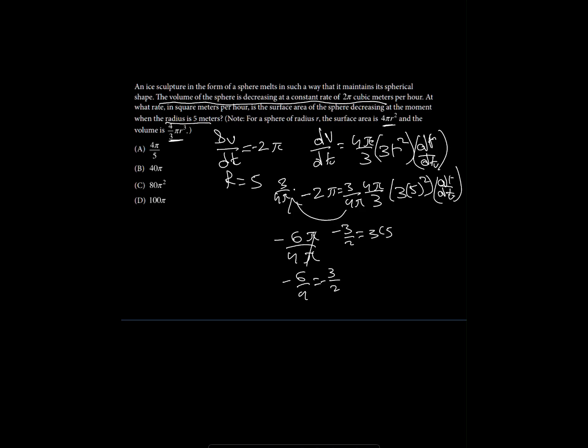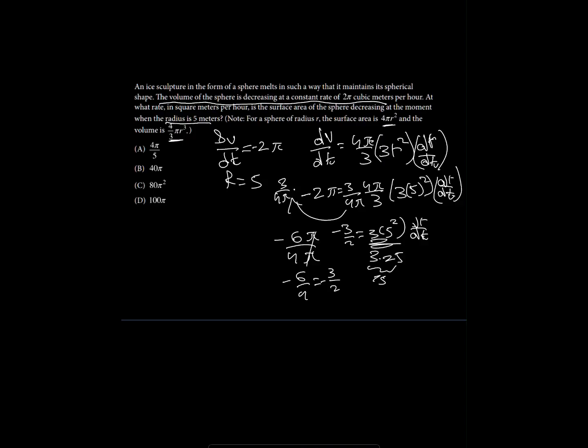Alrighty. So from here, we can say negative 3 over 2 is equal to 3 times 5 squared times dr dt. Now, we need to isolate our dr dt. So we evaluate this right here. We know that 5 squared is going to be 25, and it's times 3. That's going to give us 75.